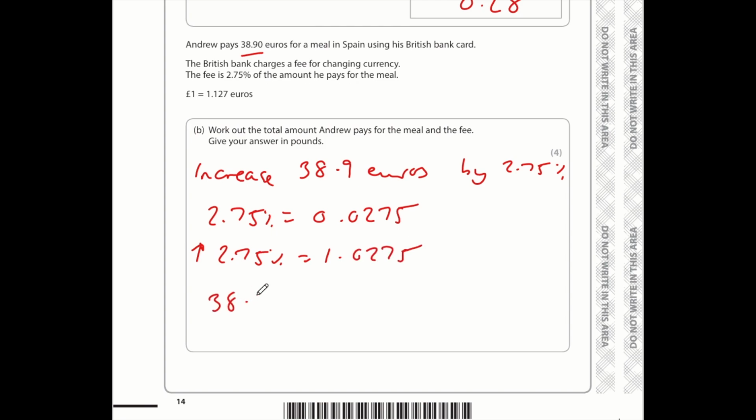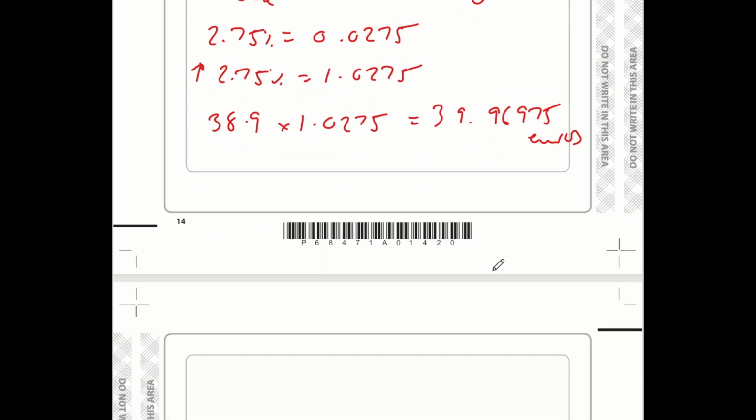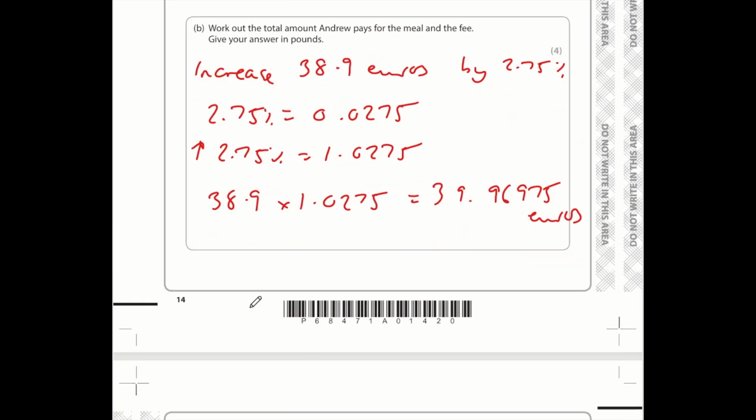So 38.9 euros multiplied by 1.0275 comes to 39.96975 euros. Now I need to convert this into pounds. So I know that £1 was, let me just check, 1.127.